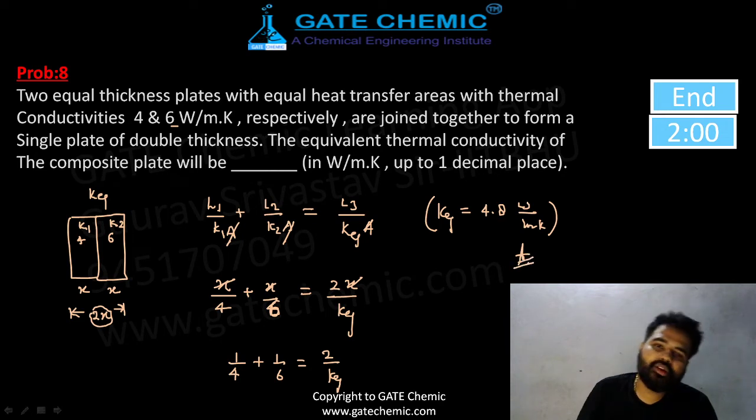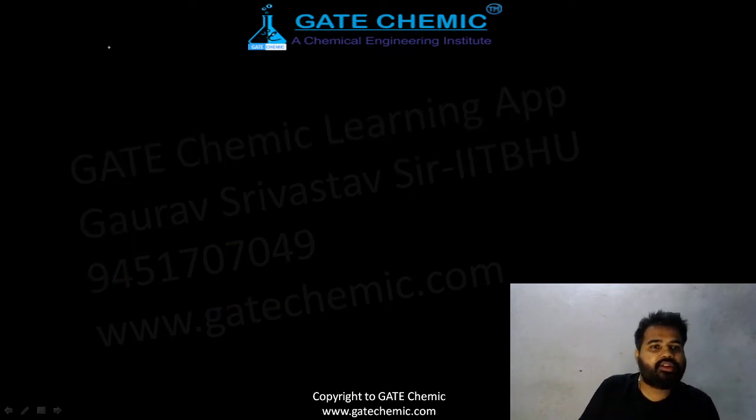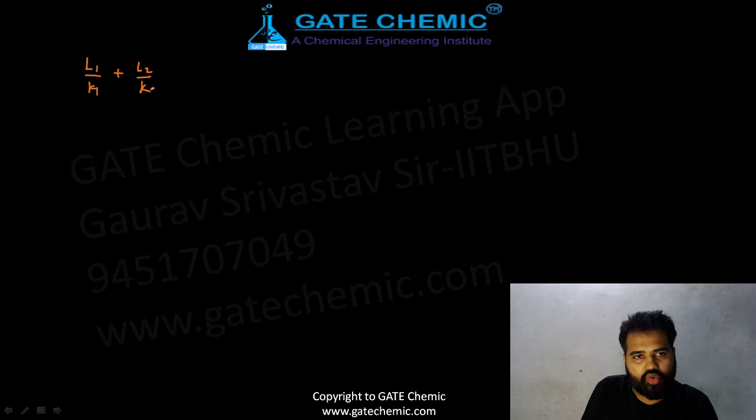There may be a problem where he wants to know just the equation. So the equation should be written as: L1 by K1A plus L2 by K2A equals L3 by K equivalent A. A cancelled out, so after cutting you get 1 by K1 plus 1 by K2 equals 2 by K equivalent.